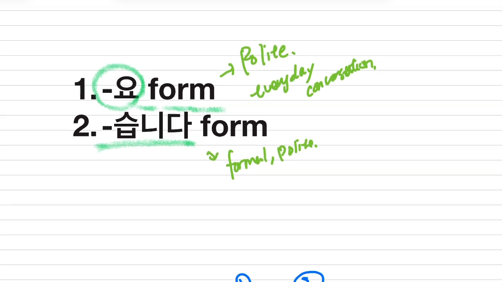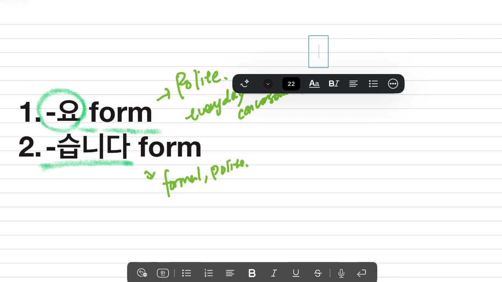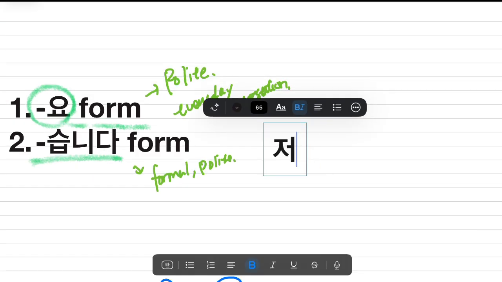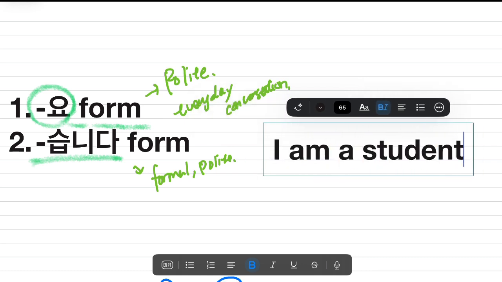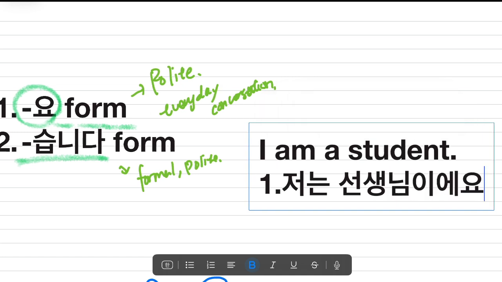So what if I want to say, I am a teacher? Then I can write it down in Hangul, in Korean, in two ways. Number one, 저는 선생님이에요.